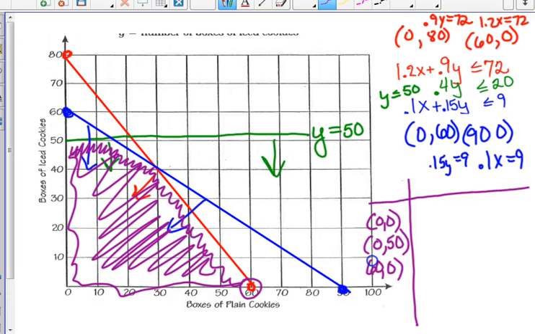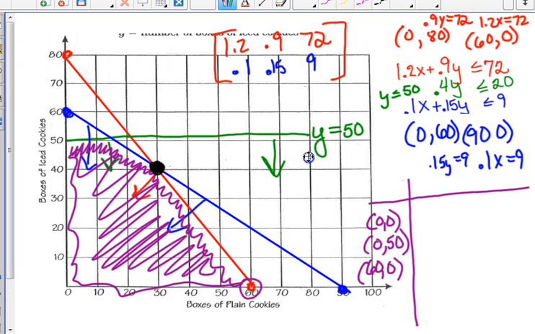Now, I would like to talk about an effective way to find the intersection points. This is where the red and blue line intersects, right here, right? So if I take that red equation, 1.2, 0.9, and 72, and make a little matrix, what is the blue equation matrix? 0.1, 0.15, and 9.